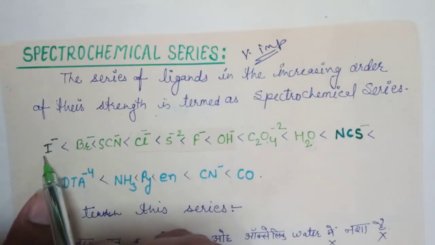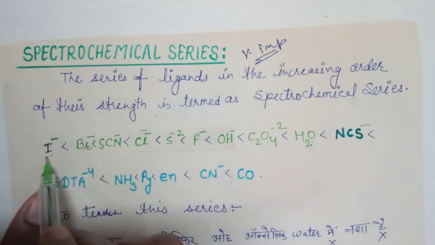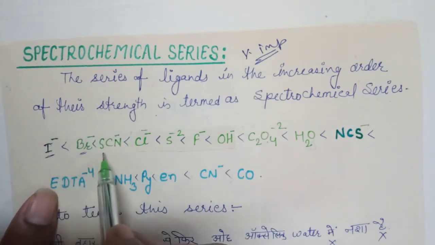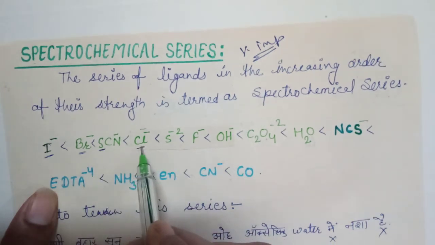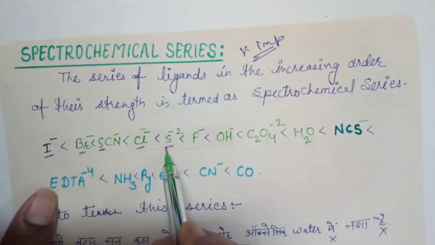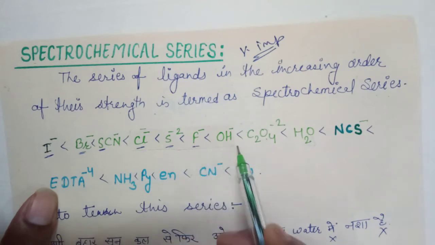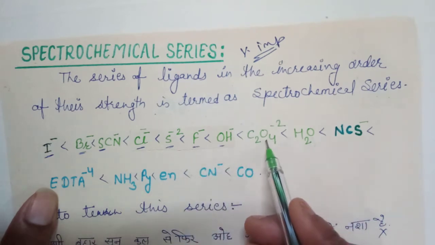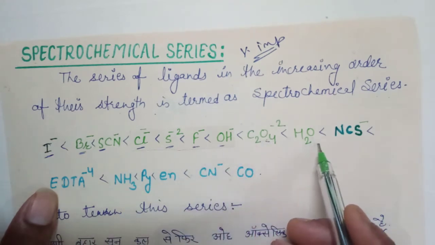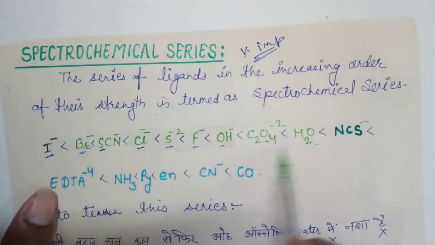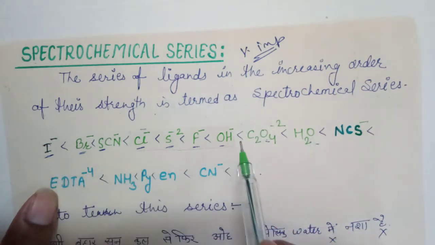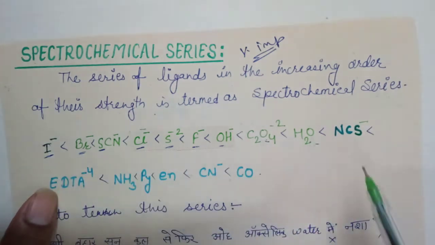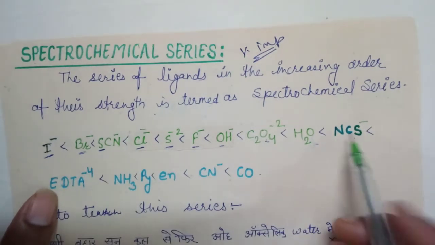See, I minus, Br minus: here the donor atom is a halogen, here sulfur, here chlorine, here oxygen, and here also oxygen. This light green shade denotes the weak field ligands, while NCS, isothiocyanate, has nitrogen as the donor atom.